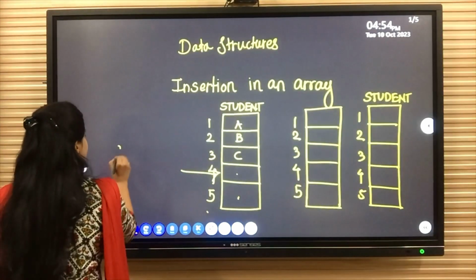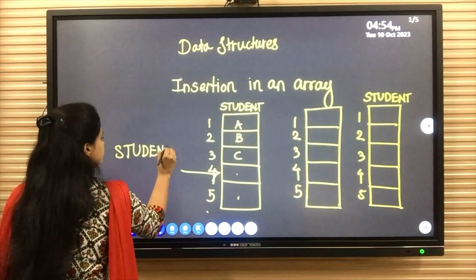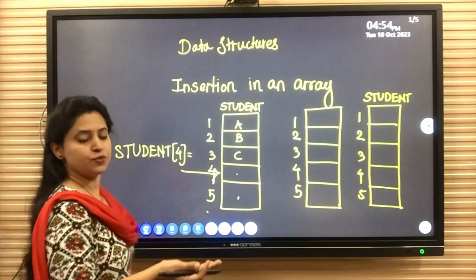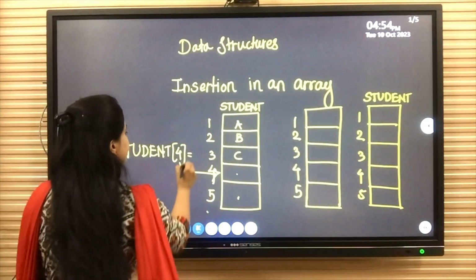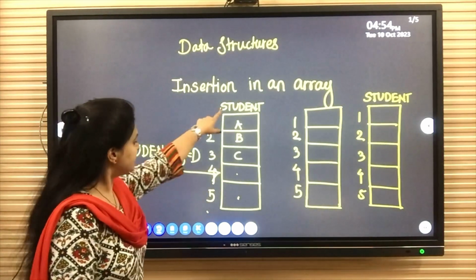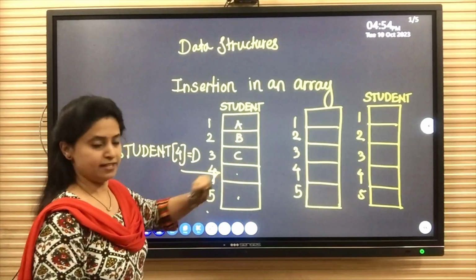Simply, we can assign it like student of 4 is equal to, suppose we want to insert a new element as D. So if we are assigning this way, it means that directly at the 4th position the element D is inserted.